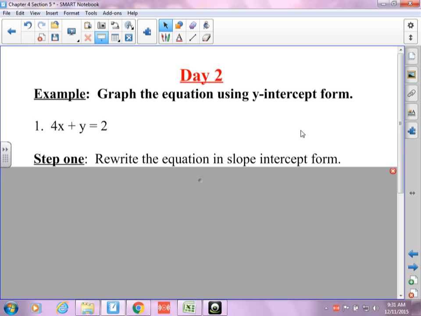If I took that equation, I technically could make a table and graph it. I could put in 0 for x, solve for y, put in 0 for y, solve for x. I could do that, but they're telling me slope-intercept form. So I'm giving you 3 different ways to graph this. In other words, if I have a sink that's broken, I can use 3 different wrenches or 3 different screwdrivers to fix that sink.